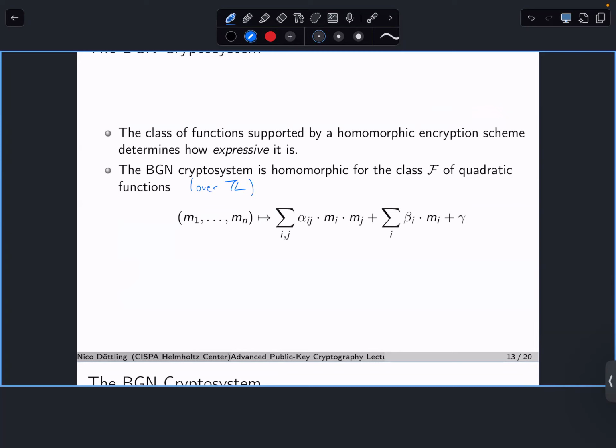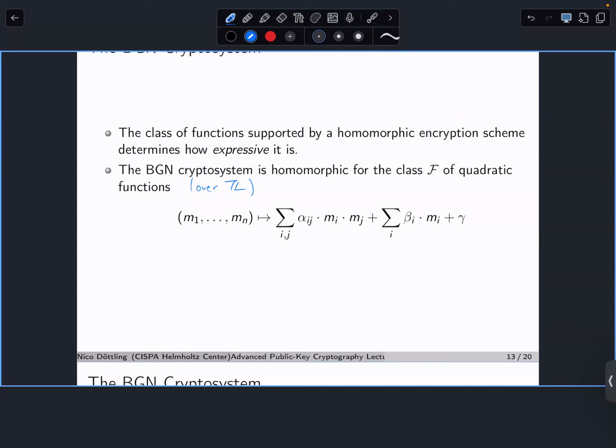Now, of course, as before with the ElGamal crypto system, we will require that the inputs are short. We think of the encrypted messages as integers, but integers that have a bounded absolute value. The absolute value cannot be arbitrarily large because ciphertexts are not arbitrarily large.